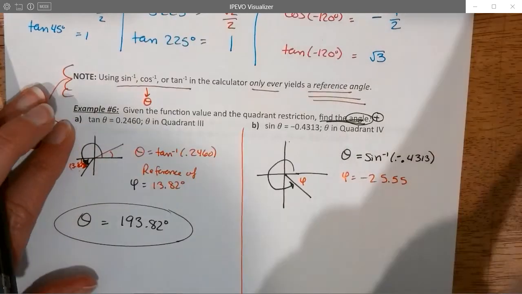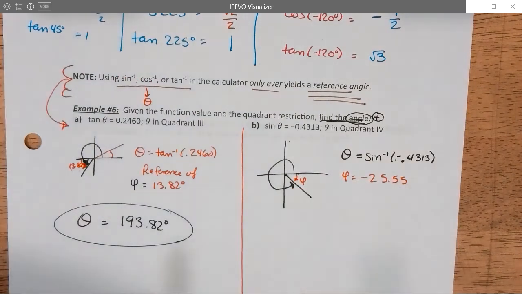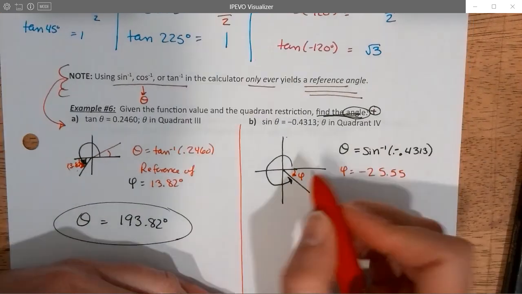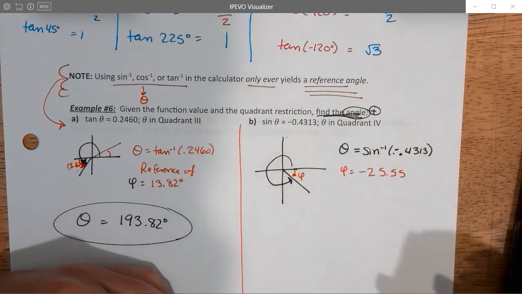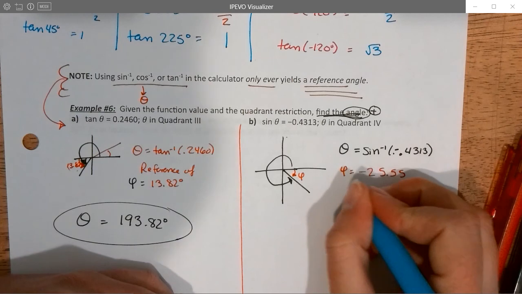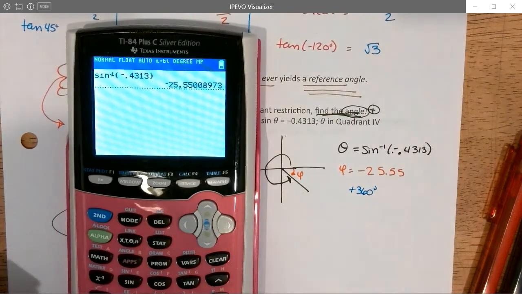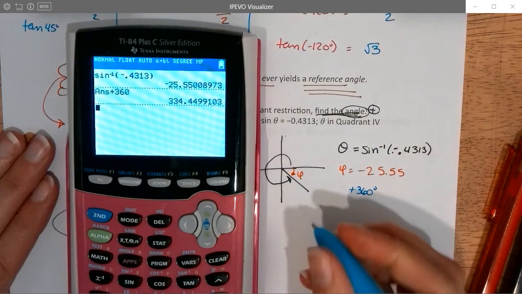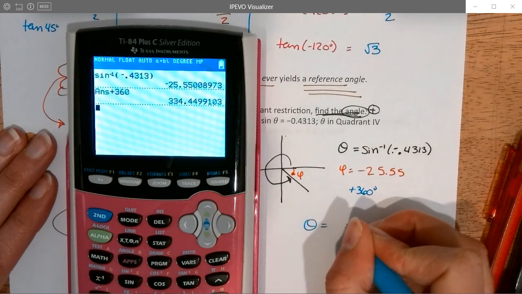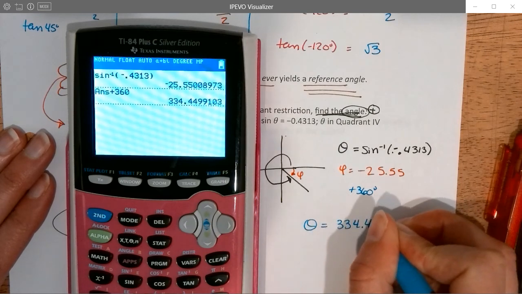It's a negative angle that's in the opposite direction. So if I want to find the actual angle theta, I can add 360 to that. So if I add 360 to that, I get my measurement for theta, which is 334.45 degrees.